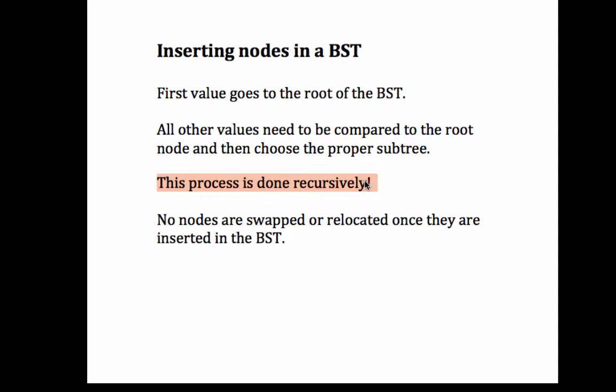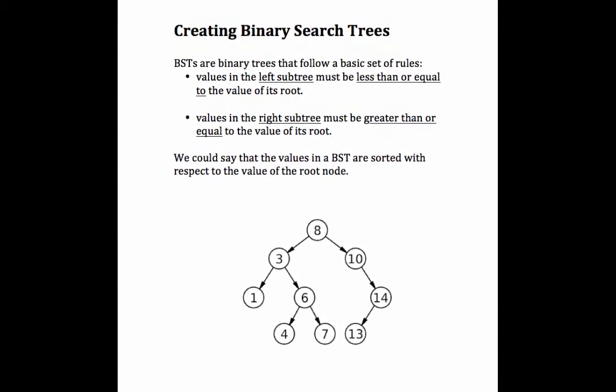The important thing to realize, as you'll see in a little demo, is that once you insert a node in a binary search tree, you never swap or relocate that node. That node stays what it is. So inserting values into a binary search tree is simply a matter of finding the right place for insertion, and to find it, we follow the basic rules that we just discussed at the beginning of this video.